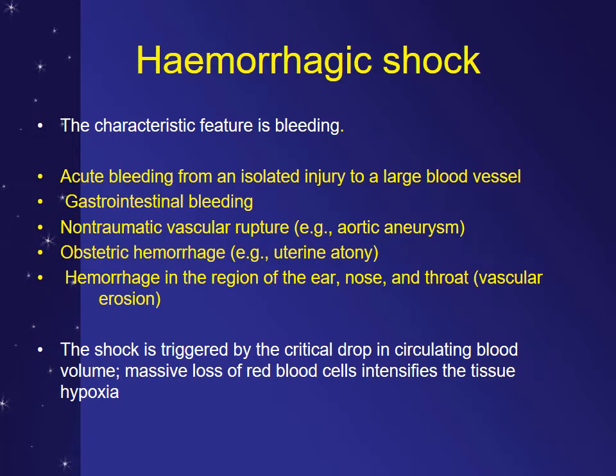So in hemorrhagic shock, the characteristic thing is bleeding. So this bleeding could be from an isolated injury to a large blood vessel, or gastrointestinal bleeding, or non-traumatic vascular bleeding, for example rupture of an aortic aneurysm, or obstetric hemorrhage, for example uterine atony, or another postpartum hemorrhage, or hemorrhage in the region of the ear, nose, throat area, for example due to vascular erosion.